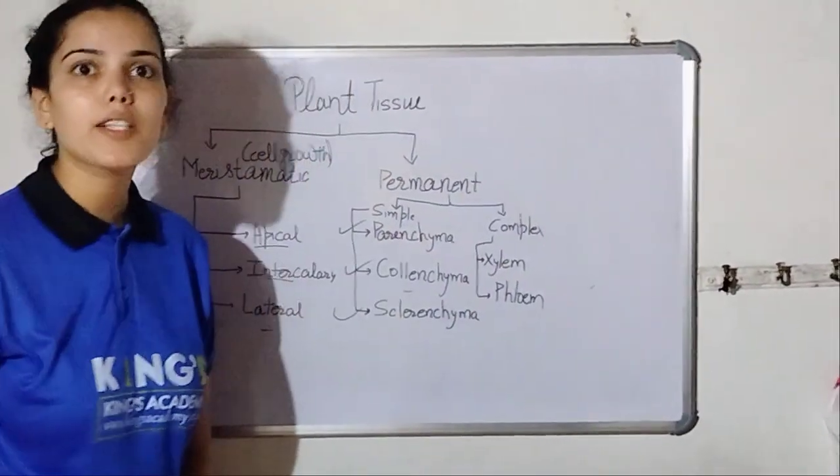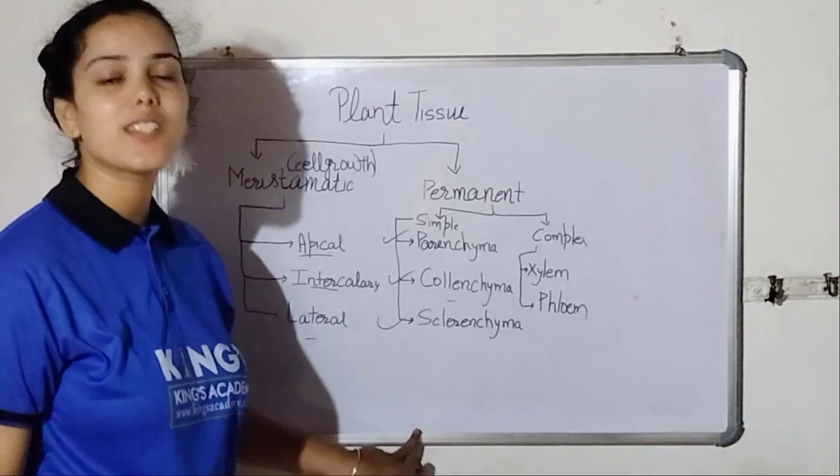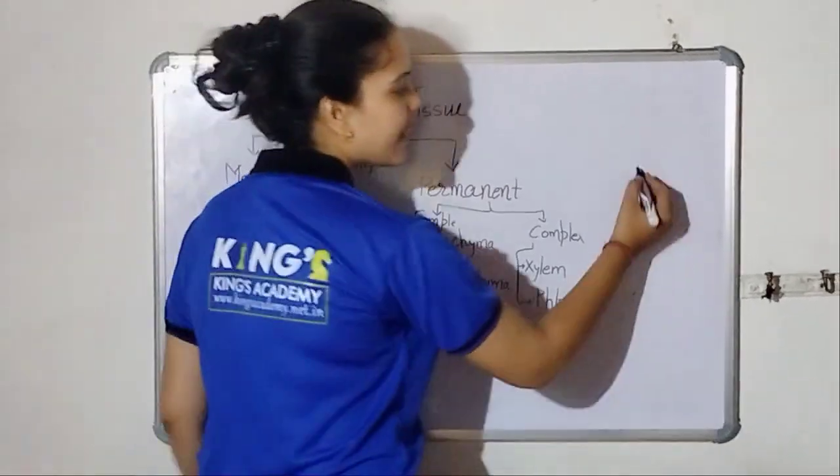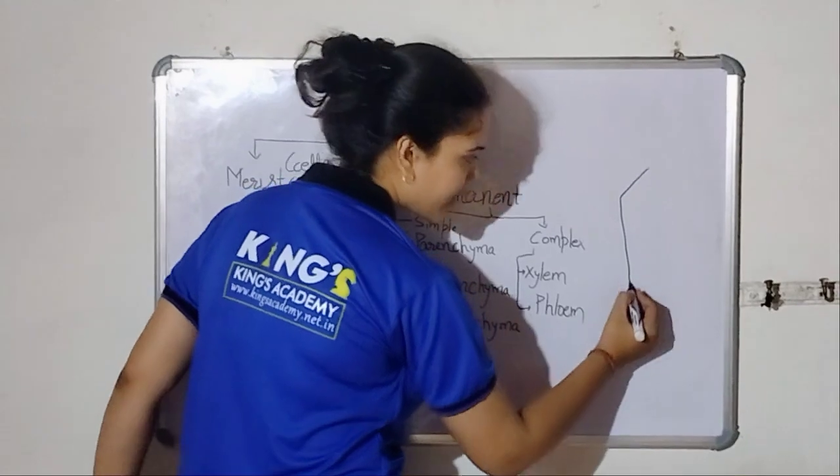After collenchyma, the next cell that we have is sclerenchyma cells. These sclerenchyma cells are long and elongated cells.